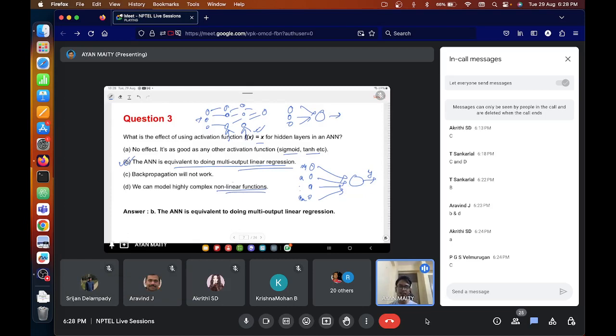The hidden layers would mean nothing in that case. That's why option D is not correct: it would not be able to model complex non-linear functions.